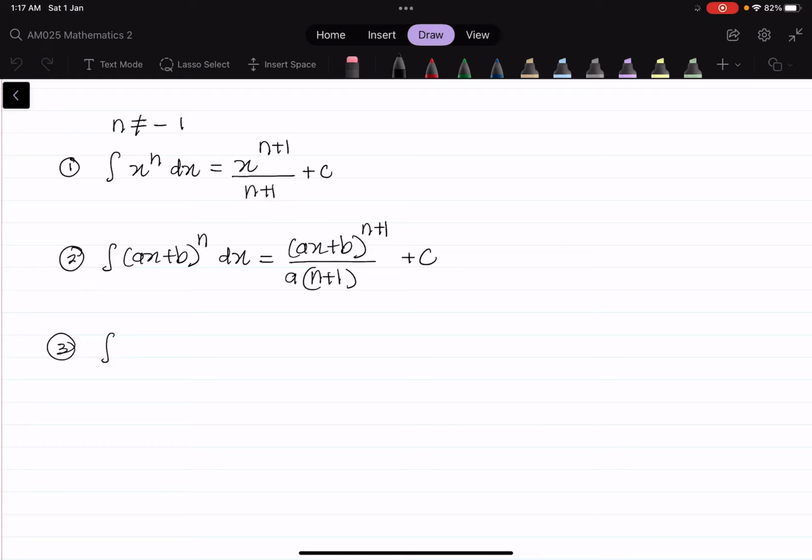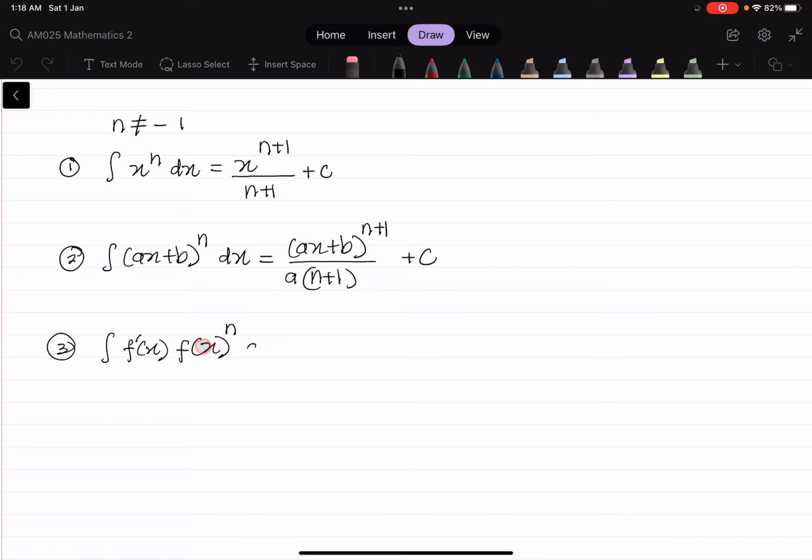The third one is, if the function we'd like to integrate is a non-linear function, where it is f(x) to the power of n, and in front of our function f(x) to the power of n, there must be a function which is differentiable. Yes, something has to do with this f(x), okay?